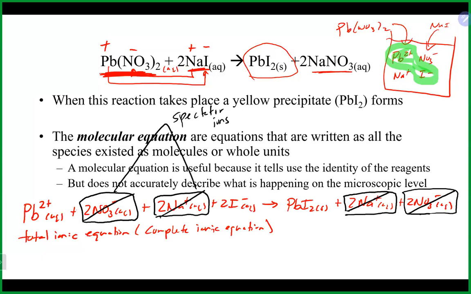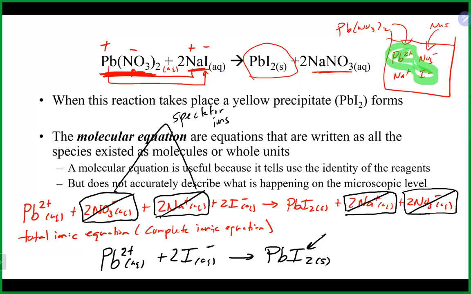What that actually leaves us is a third type of equation, which is essentially what is really going on in this reaction. What is really going on in this reaction is the lead ion from the lead nitrate is going to find the iodide ion here. And they're going to come together to make this solid, which is really the main thing that is happening in this reaction.